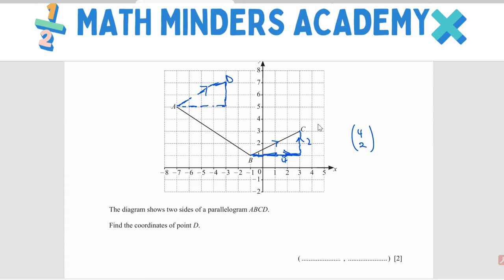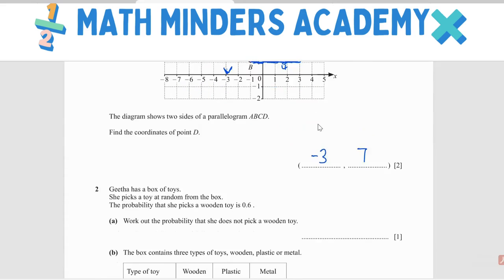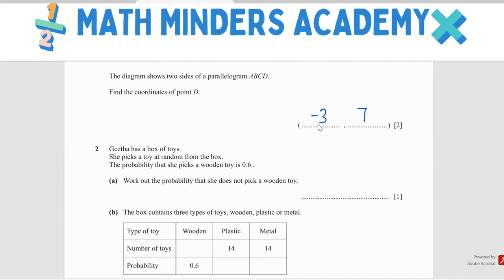So this is D, and if we go down this way, we are going to have minus 3 for the x coordinate. And if we go this way to the y-axis, we are going to have 7. So we've been able to give the coordinates of this point D. We move on to question number 2.